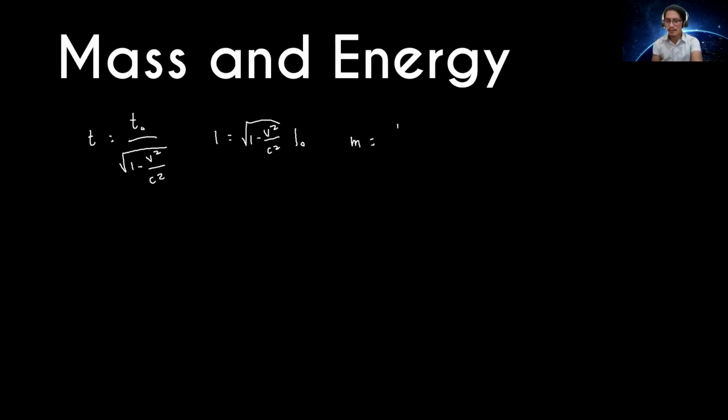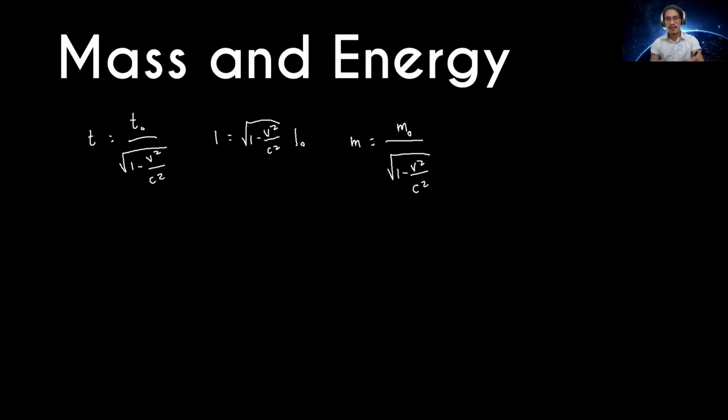So mass is equal to the rest mass over square root of 1 minus v squared over c squared. I just want to clarify that there is no such thing as relativistic mass. I wrote it here because this equation is very important when we derive the mass and energy equivalence. So these are the equations.